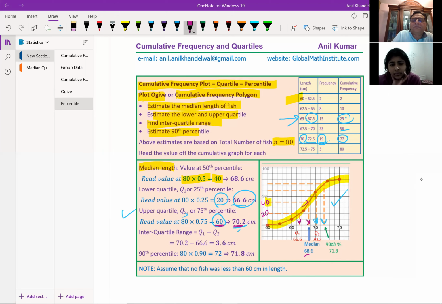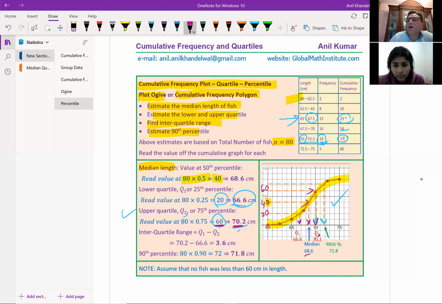So on this scale, 60 is here, and when you go to 60, you can read the value. And the value is 70.2 on the graph. That is how you can easily read it.